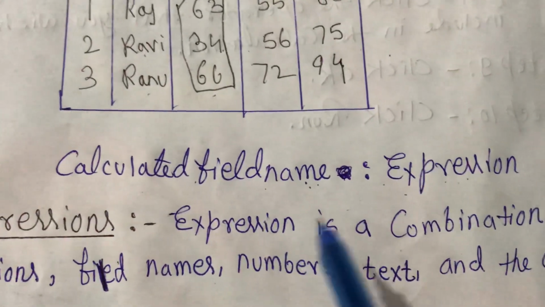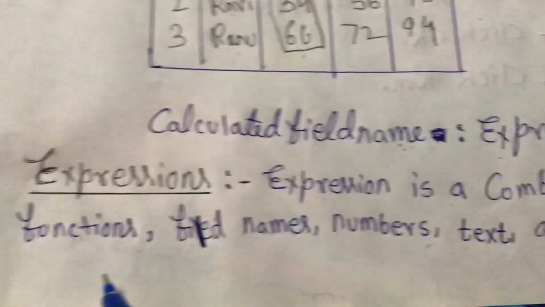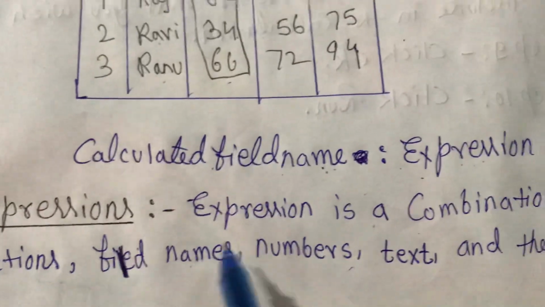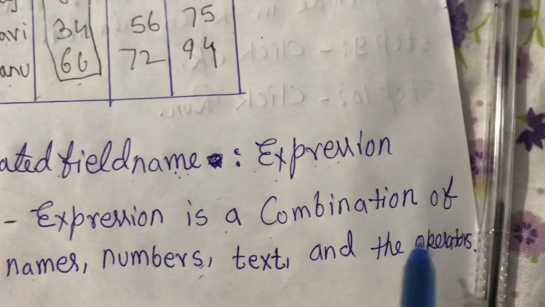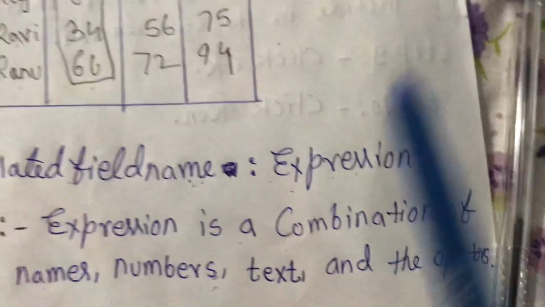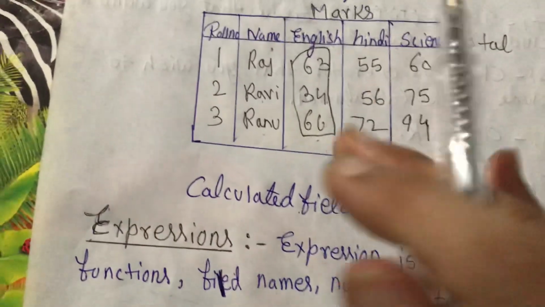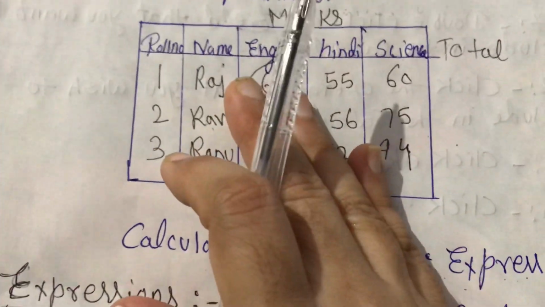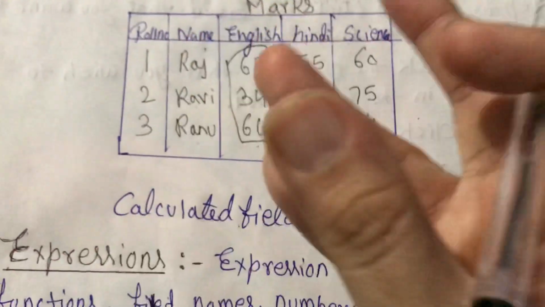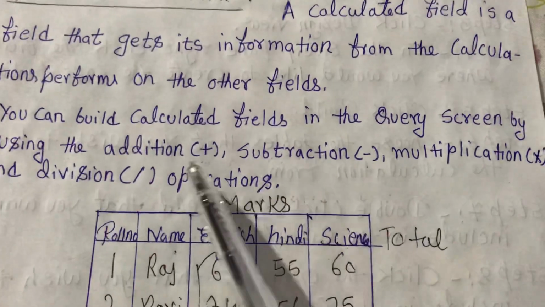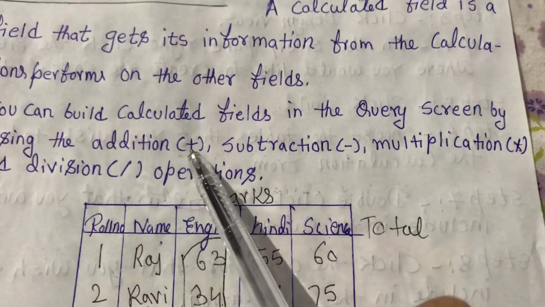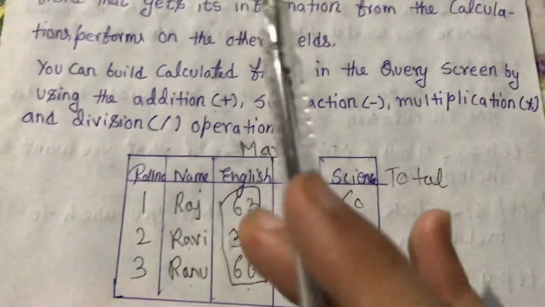I am repeating, an expression is a combination of functions, field names, numbers, text and operators. An expression is a combination of mathematical or logical operators. Mathematical means these symbols: addition, subtraction and multiplication.